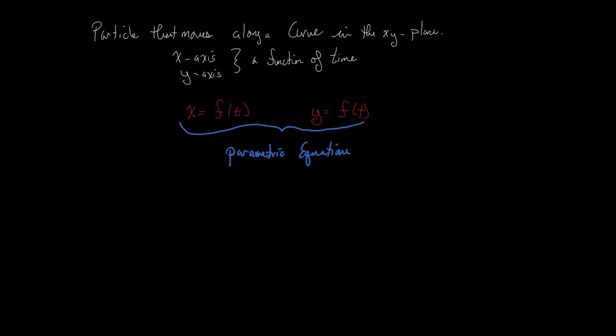They're the parametric equations that describe the motion for the particle C. The variable t in these is the parameter. So we're going to call the variable t the parameter. Let me rewrite that so it's a little bit neater.